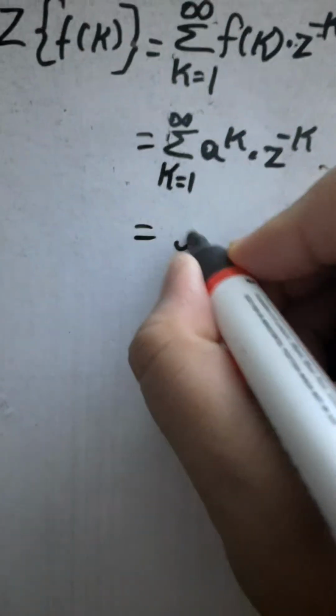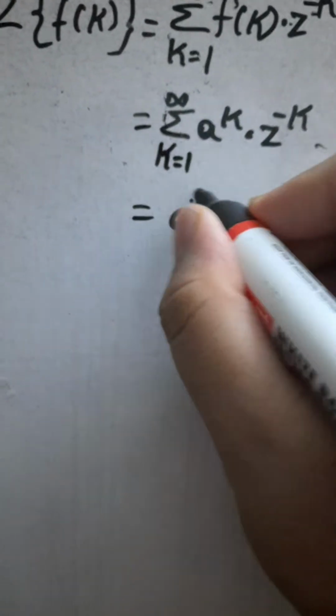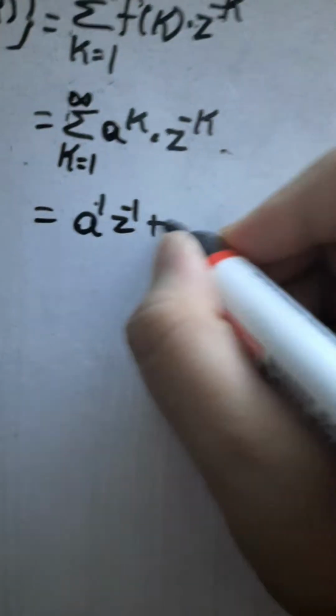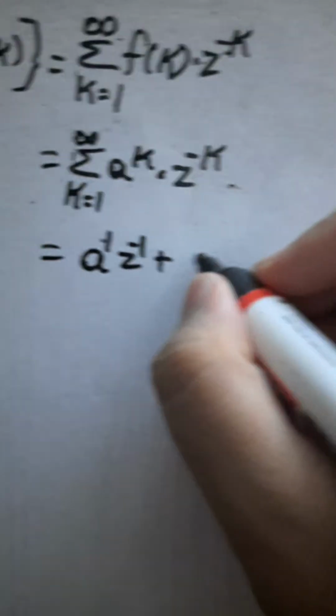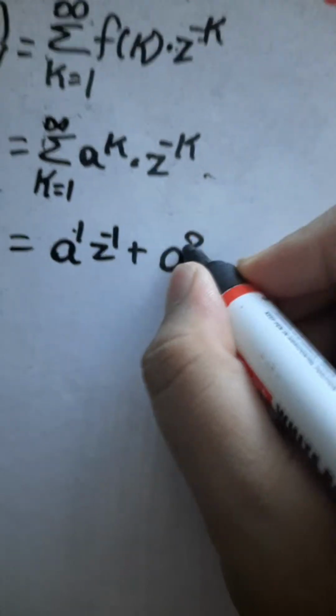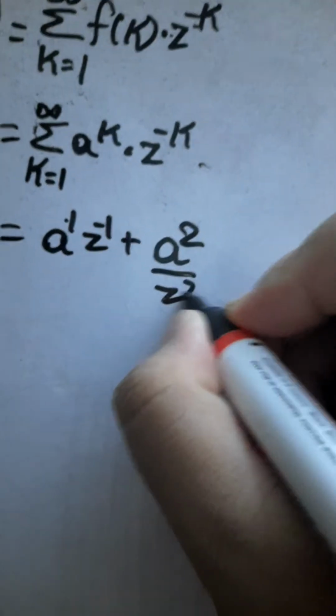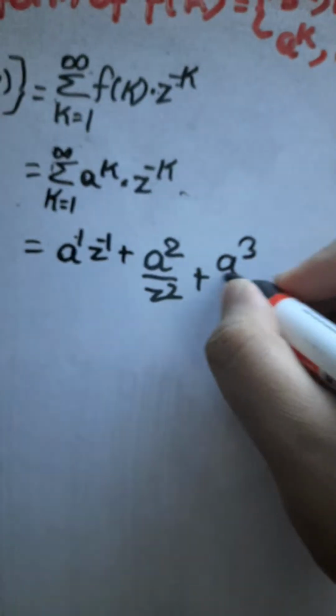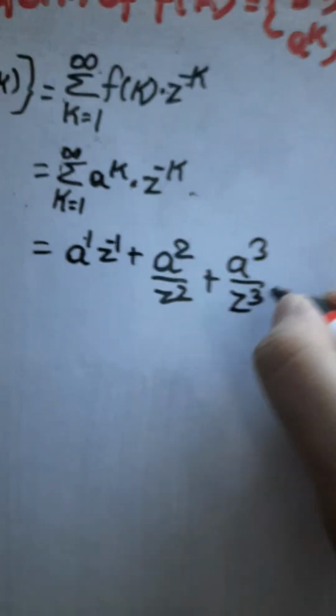So one by one it is going to go. It will look like a raised to 1 into z raised to minus 1, plus, since this is a summation, you have to keep on adding, a squared by z squared, like that. It's going to go on to a cubed by z cubed.